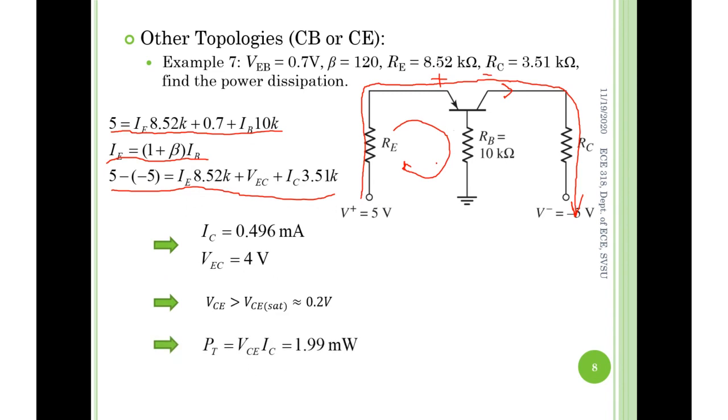This is the so-called power dissipation. VEC or VCE, they are the voltage across the BJT. IC is nothing but current flowing through it. Any questions? Anything?